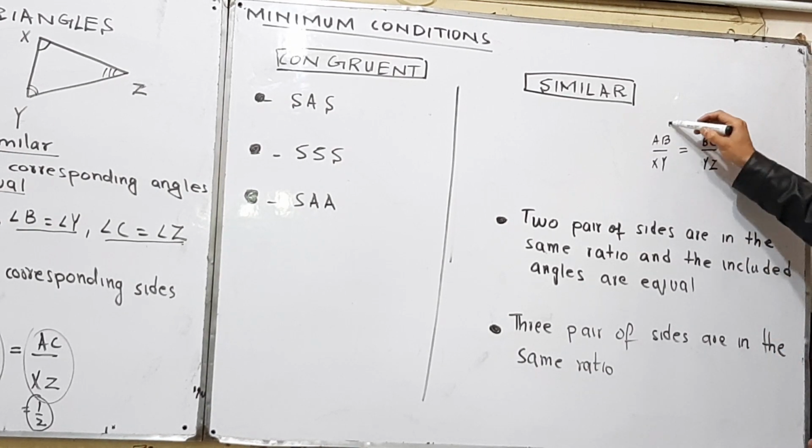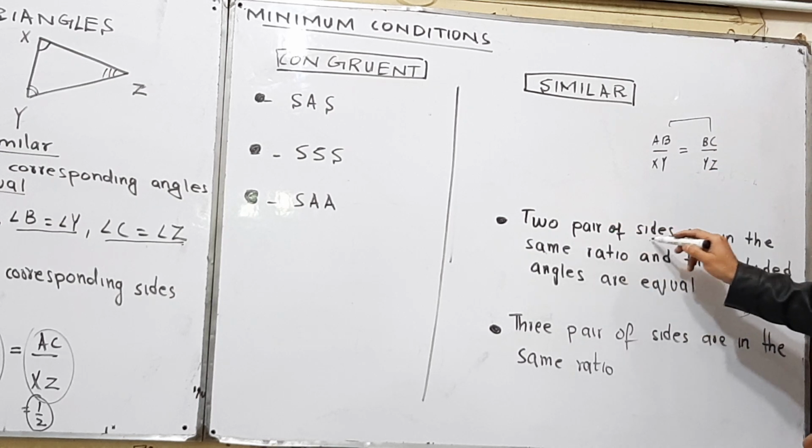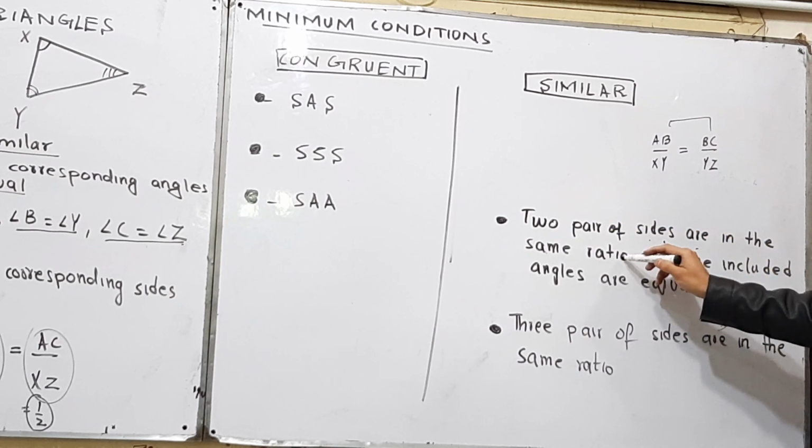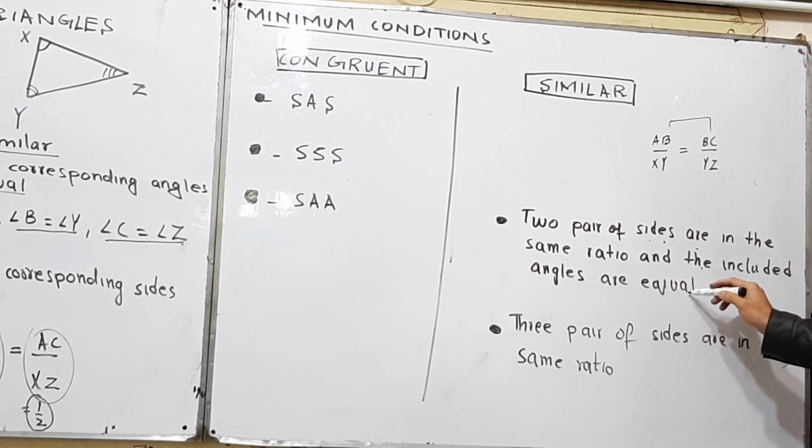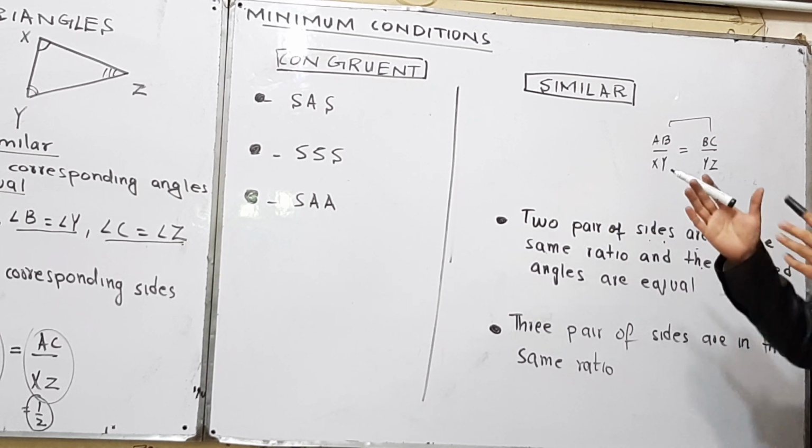So, these ratios should be equal, two pairs of sides are in the same ratio and the included angles are equal. Included angle means the angle between these two sides.